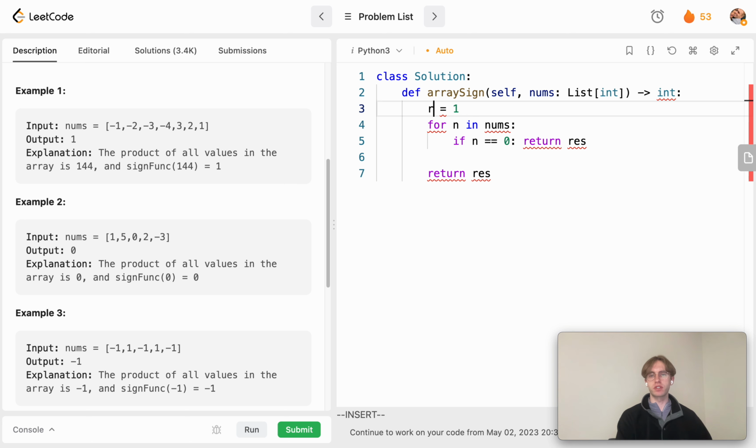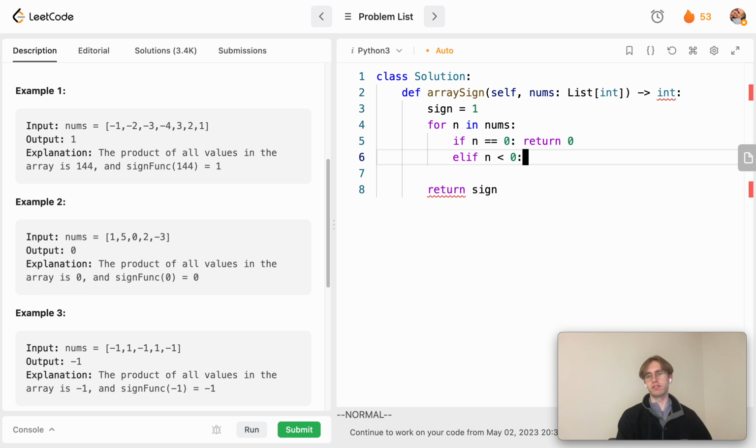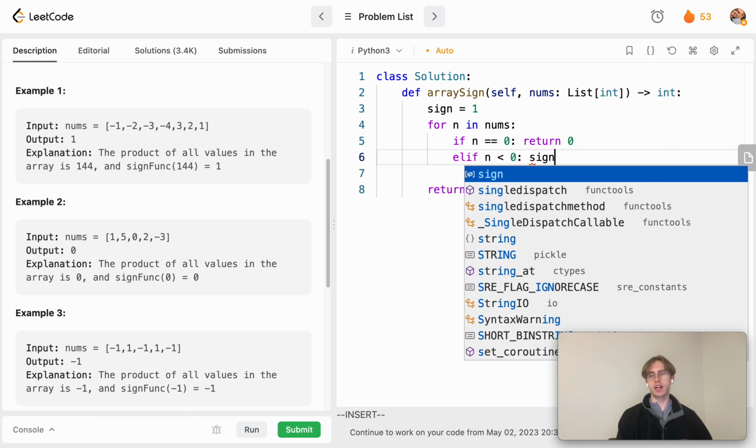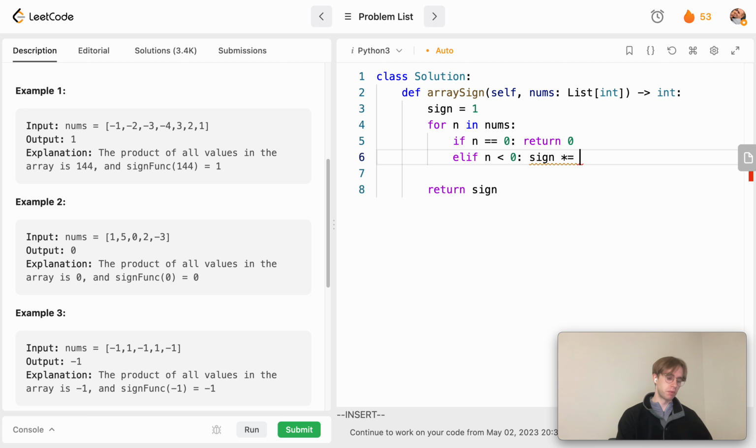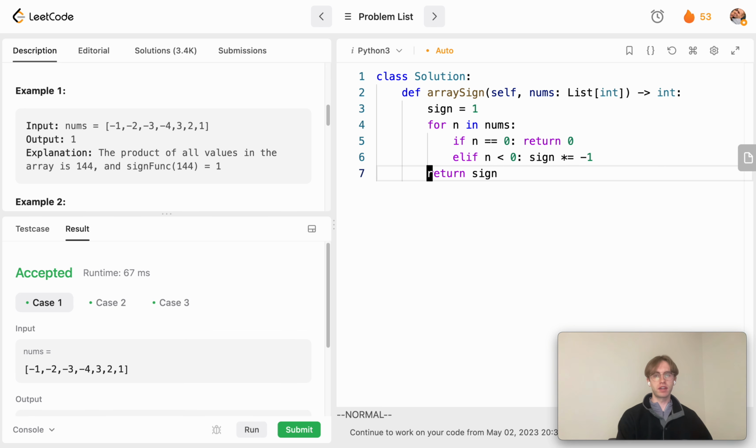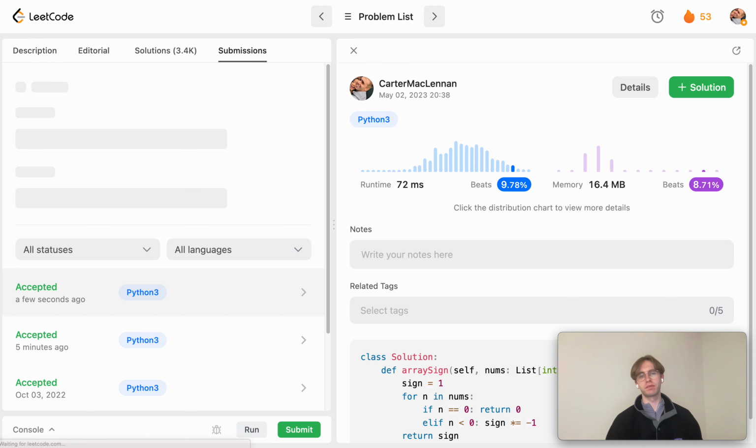So instead of response, just say like the sign that you're currently at. Sign, and this would return 0, sorry. And so otherwise, if the number is less than 0, then we know it's a negative number, and we just want to invert that sign. And you can just multiply it by -1 to invert it. Let's go ahead and run that, and let's try submitting it.